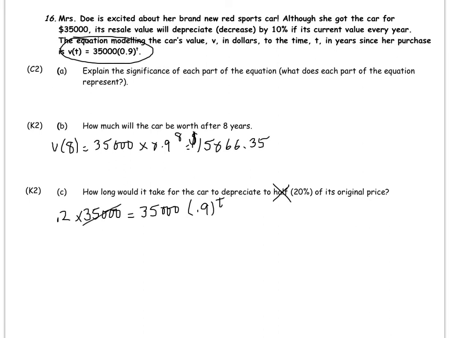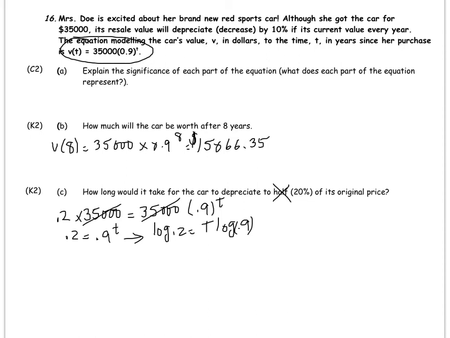Now I can cross out 35,000, so I get 0.2 is equal to 0.9 exponent t. To solve this one, I take the log of both sides, so I get log 0.2 is t log 0.9.